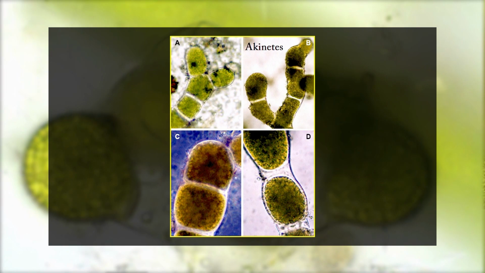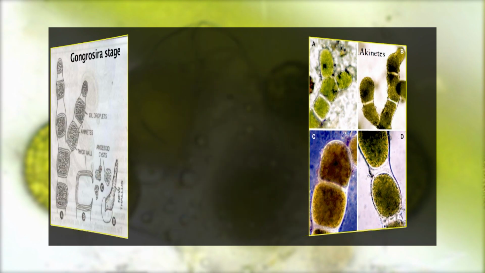Here I will tell you that akinetes are highly resistant. Even if a water body dries up, they have ability to survive. They have ability to be carried by running water. Sometimes the protoplast of these akinetes may divide into many uninucleated amoeboid segments.